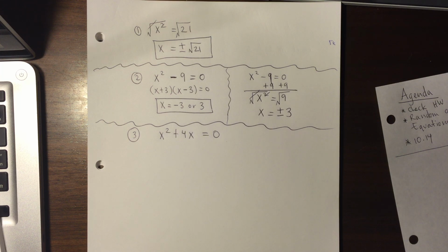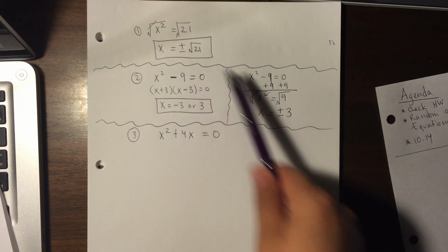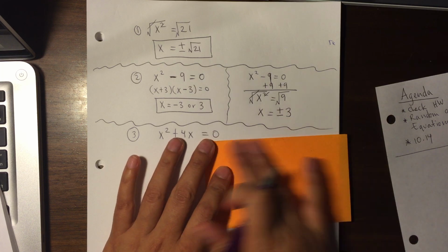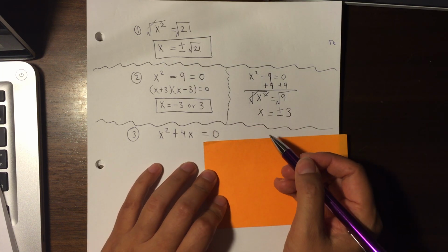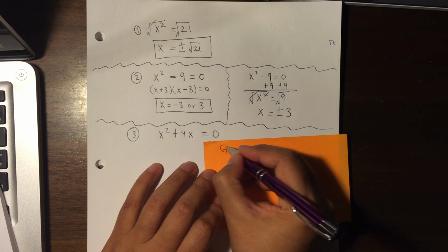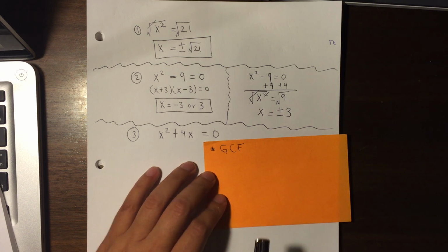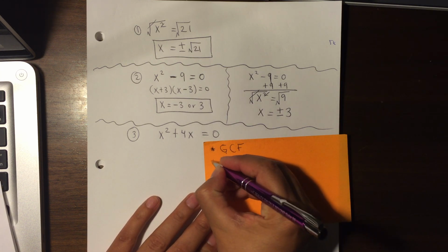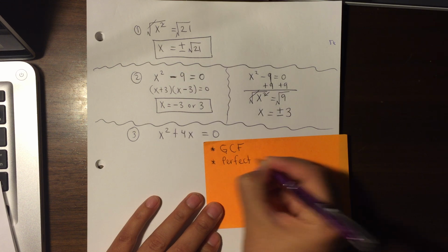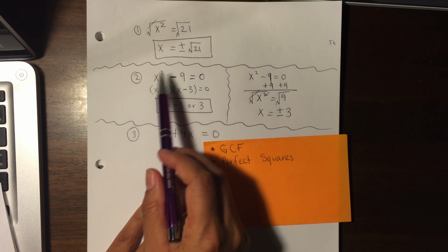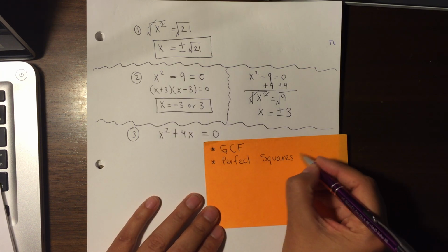And at this moment, I think these are solved by canceling, but I'm going to put the list of the steps that you could take. So when you can't cancel, what you can check is to see if there is a greatest common factor. Or if it's one of those perfect squares, either a perfect square or difference of perfect squares. Those are the two options.